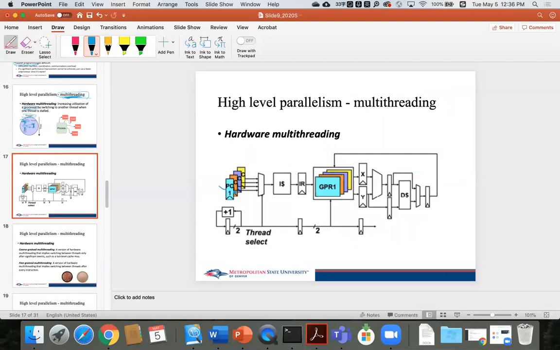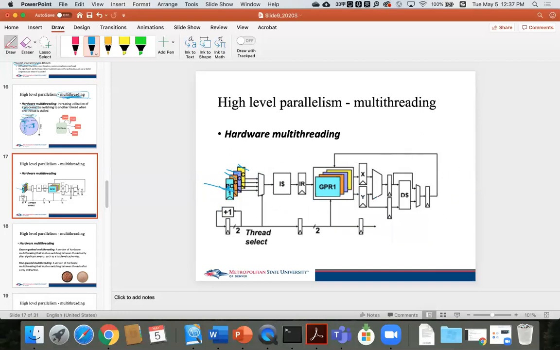You could have multiple PCs, starting at different locations of different pieces of programs, and then multiple threads, indicated by the different colors here, go through multiple locations of the whole hardware.